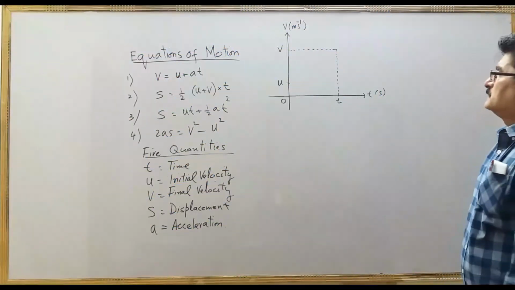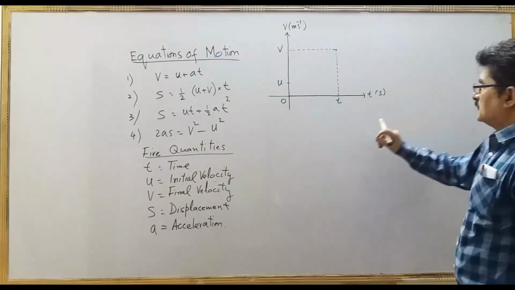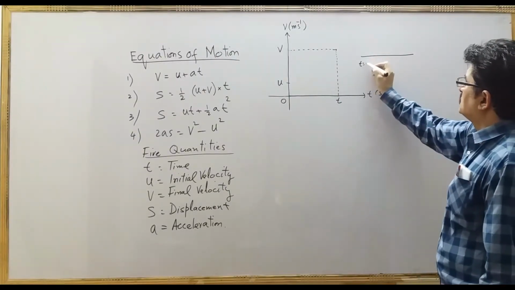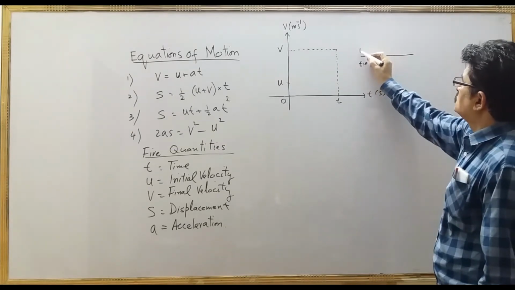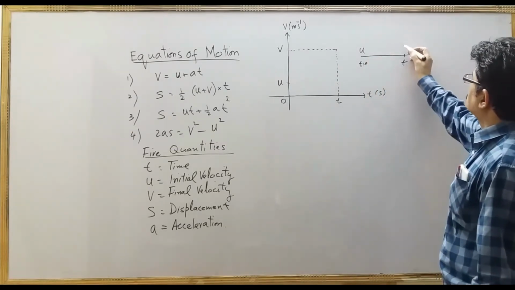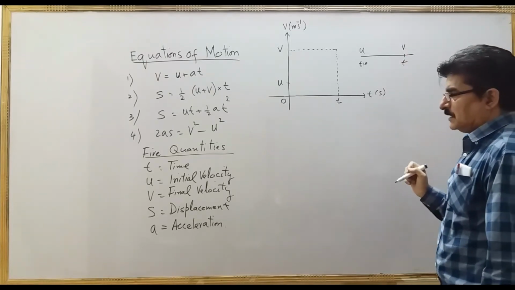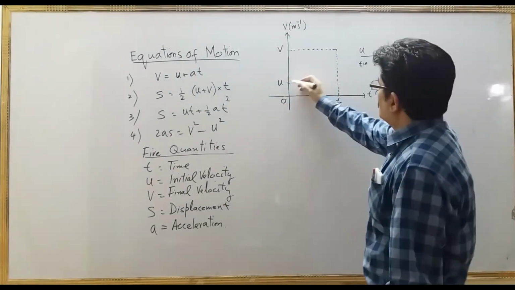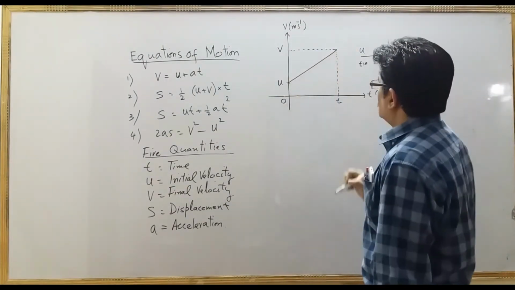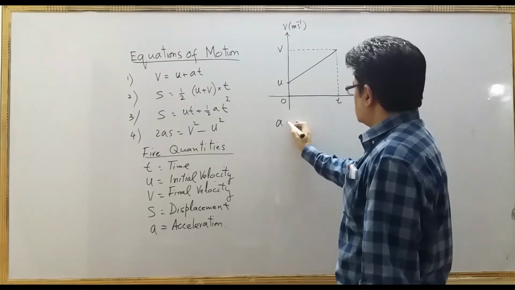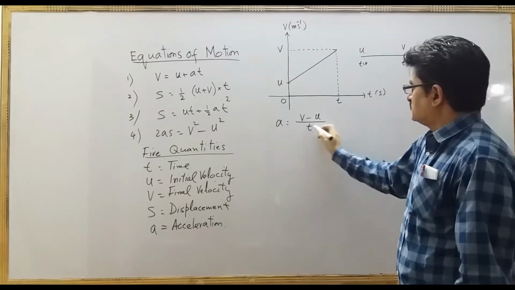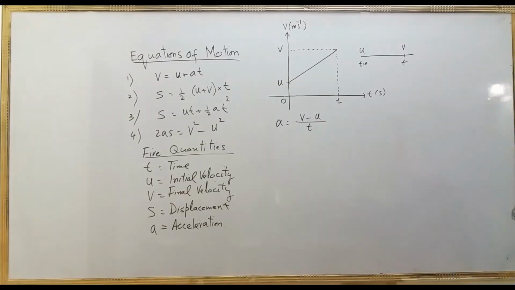Now suppose a particle is moving along a straight line. At time t equal to 0, its velocity is u. After time t, its velocity becomes v, and it is moving with constant acceleration. Now, you know that acceleration is equal to change in velocity divided by t, or change in velocity per unit time.